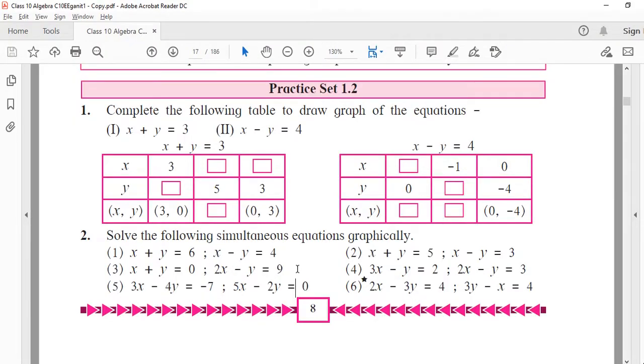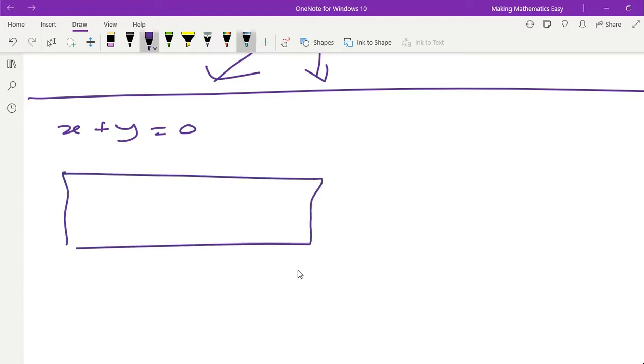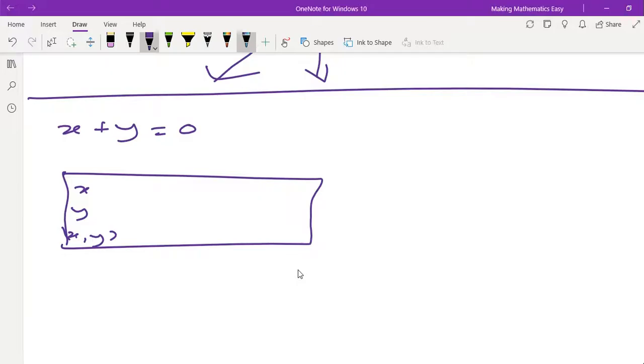So let's start with sum number 3, which is x plus y is 0. This also looks easy, but maybe the second equation should be a bit different. Yes, the second is different. So we can do one thing.